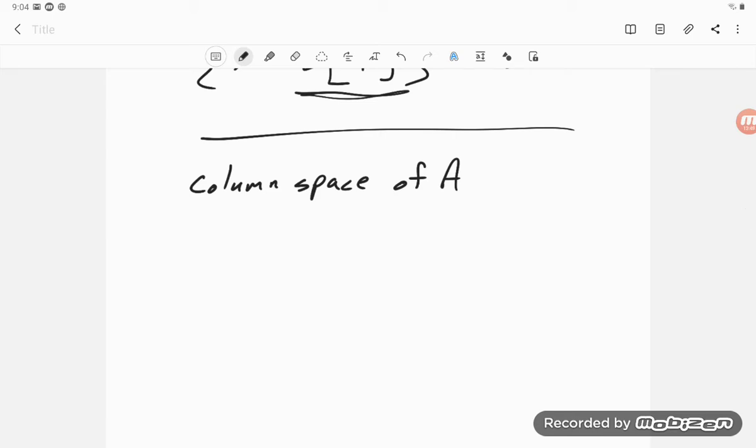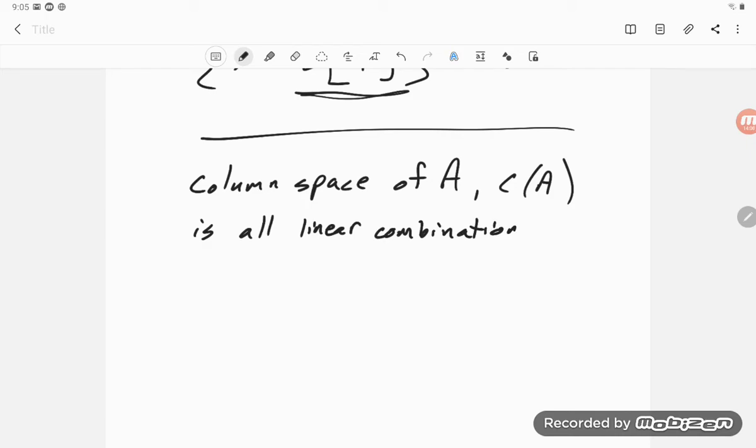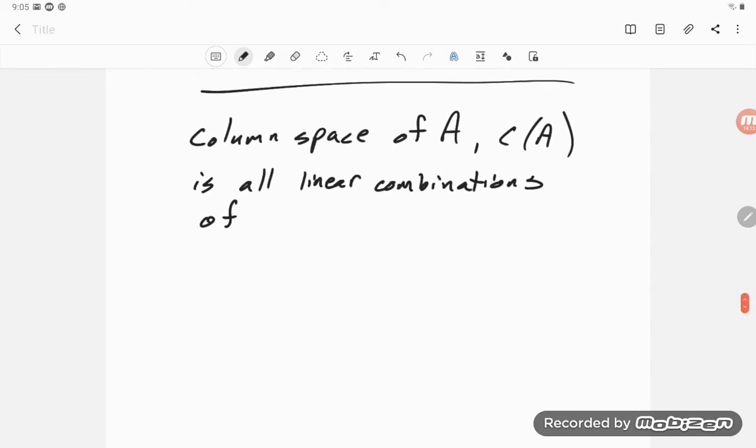Yeah, they do call it C of A. So this is C of A. The column space of A is all linear combinations of the columns of A.